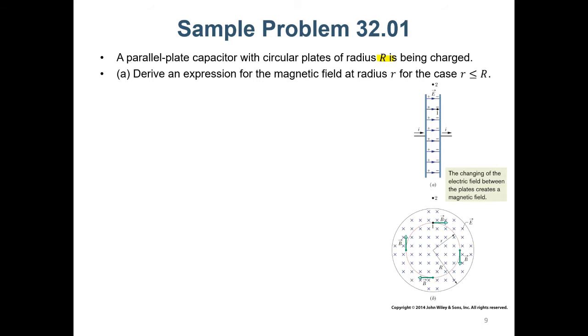Derive an expression for the magnetic field at radius r for the case r is less than capital R. Actually, this is the plate we saw before, and this is the cross section of it. So we need to use Maxwell's law, because it is that case.